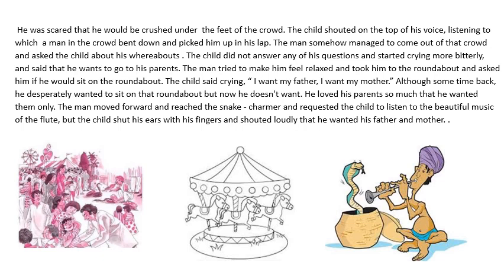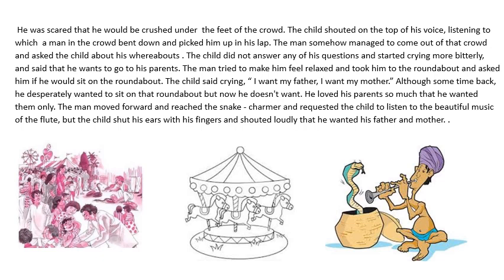The man somehow managed to come out of that crowd and asked the child about his whereabouts. The child did not answer any of his questions and started crying more bitterly and said that he wanted to go to his parents.